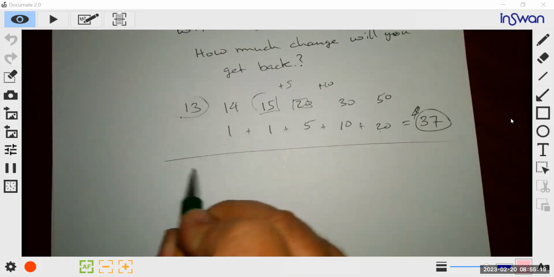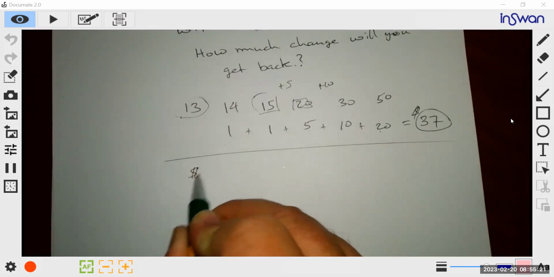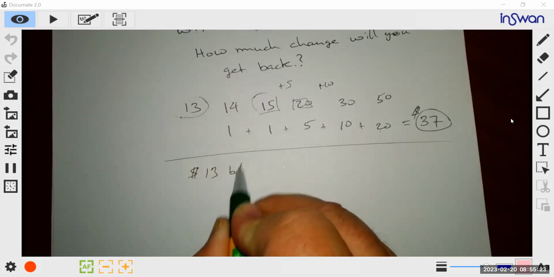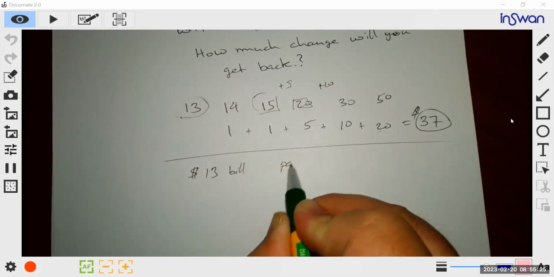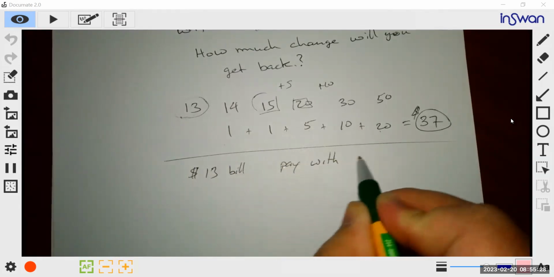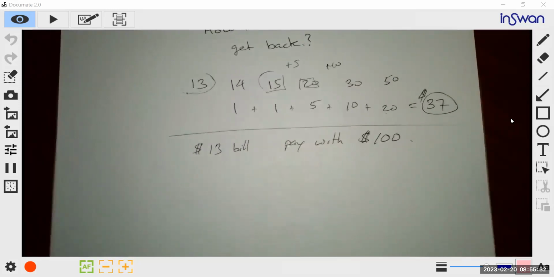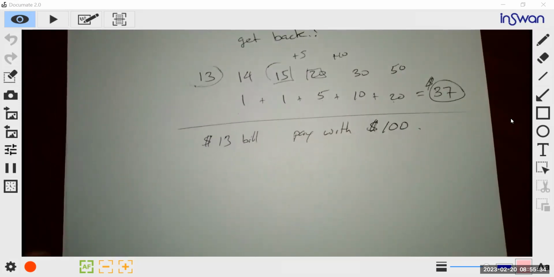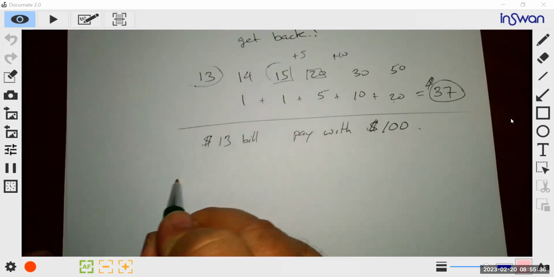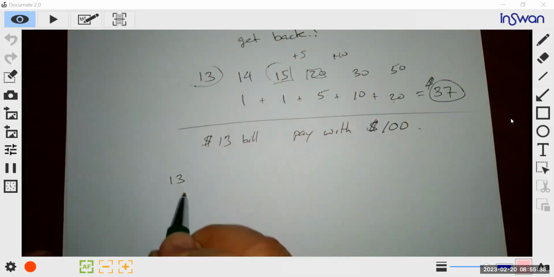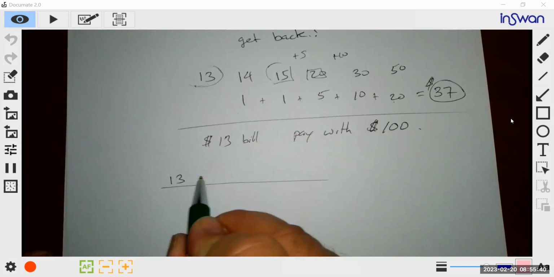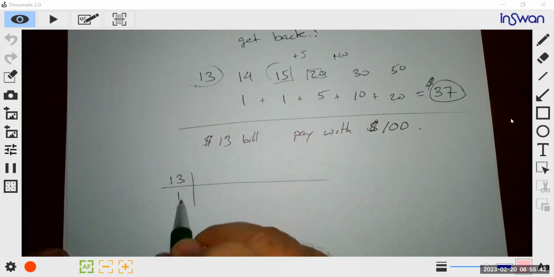Same scenario. $13 bill, pay with a $100 bill. What kind of change will you get back? So, this is 13.